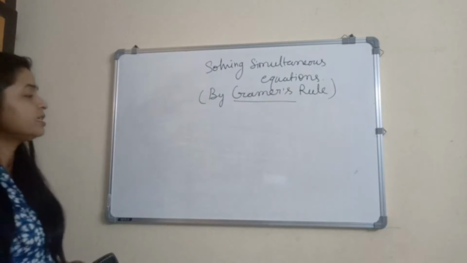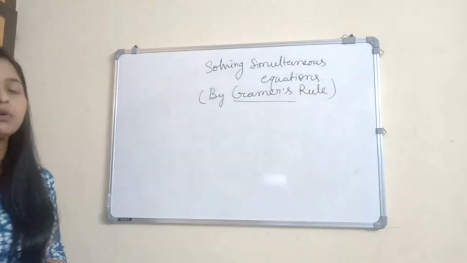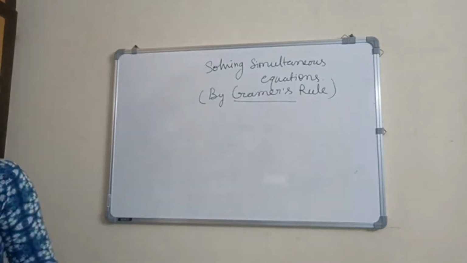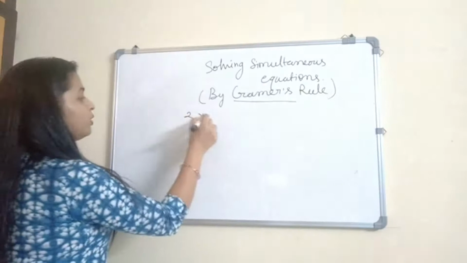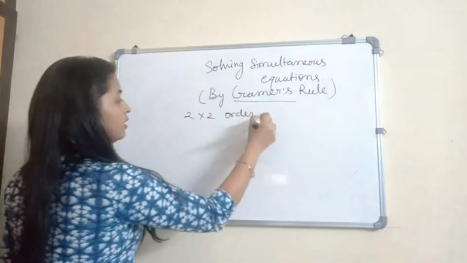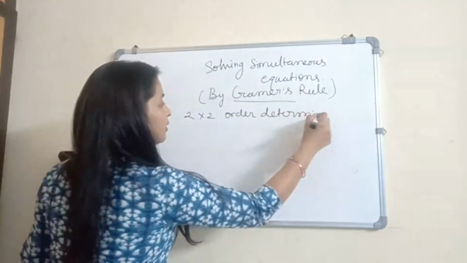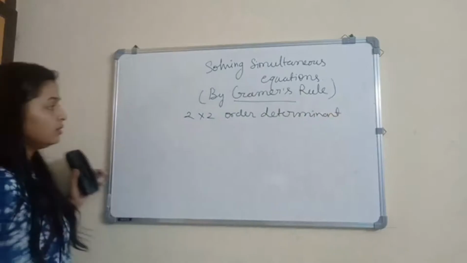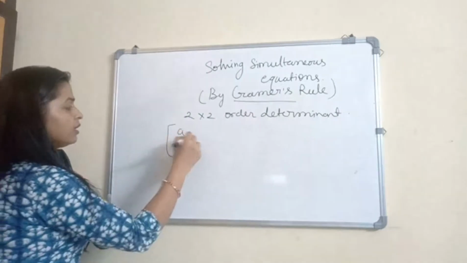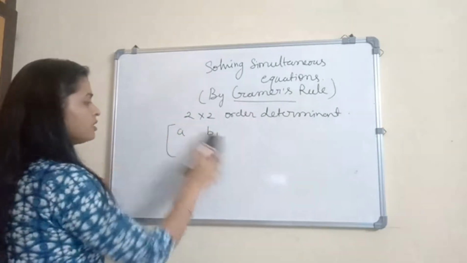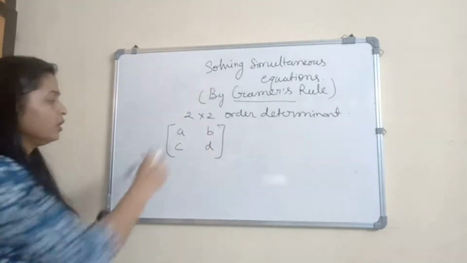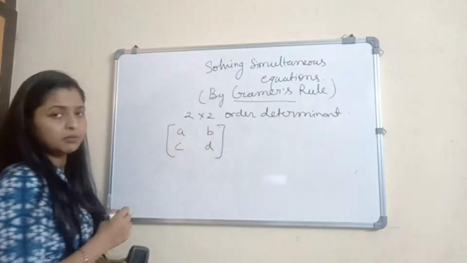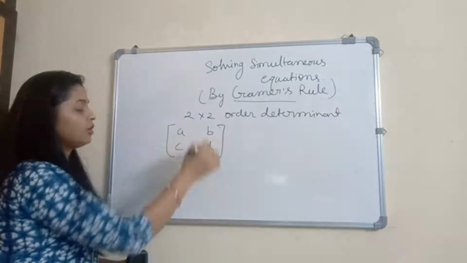Let's say I have a second order equation in which the determinants are of 2 by 2 order. Let's take a very small example: a, b, c, d.